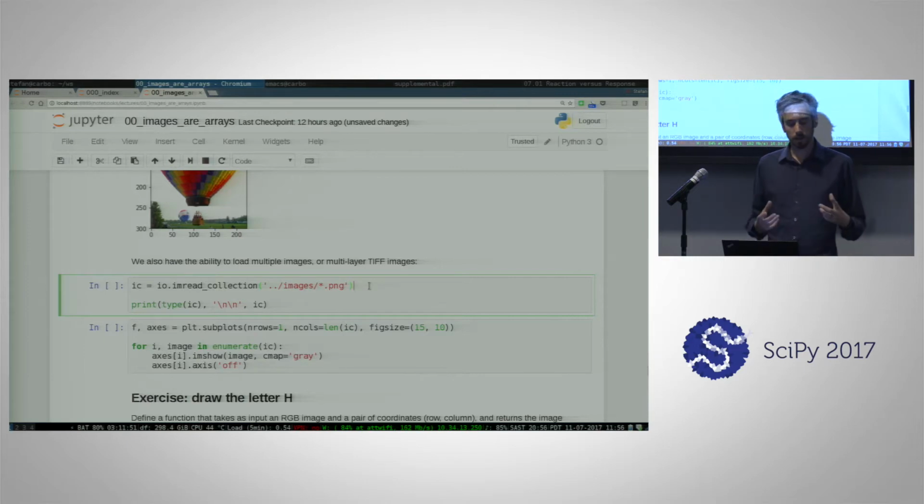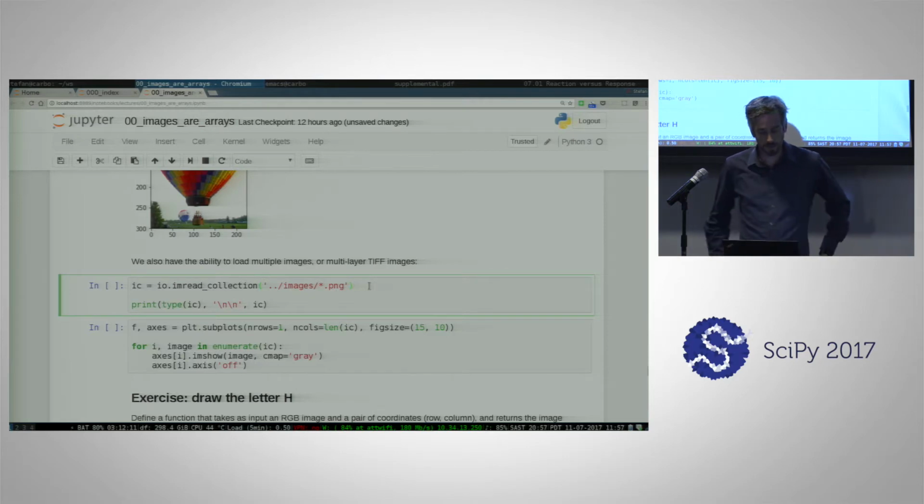Scikit-image also has the notion of an image collection. So that's when you want to load a whole bunch of images. Image collection is very much like a list, except that it's a bit smart about how it loads the images. So it will only load one image at a time unless you tell it that you want all of them in memory at the same time.